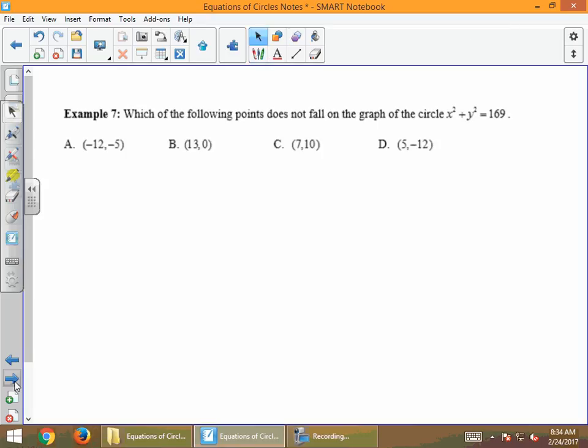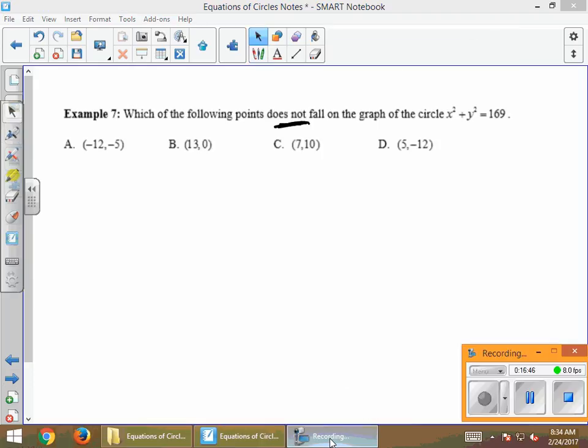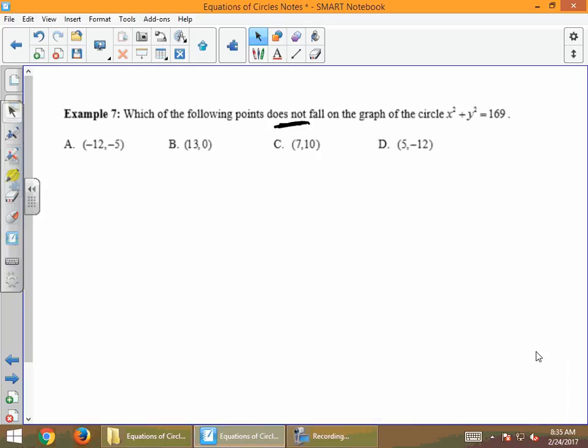Last example, we want to find which of the following does not fall on that circle x squared plus y squared equals 169. When you're given these type of problems, you just have to go through and guess and check. One of those is the correct answer, you just have to figure out which one it is. So take this first point, plug it in.